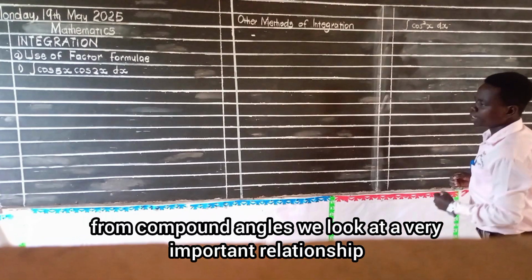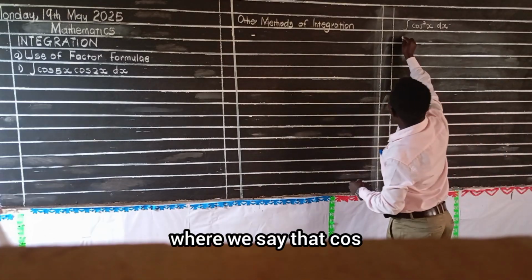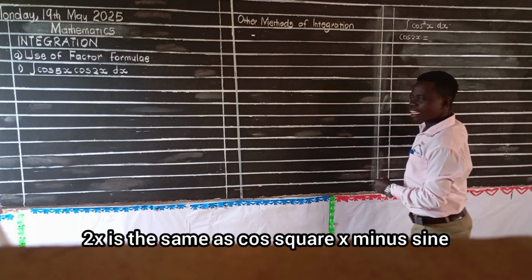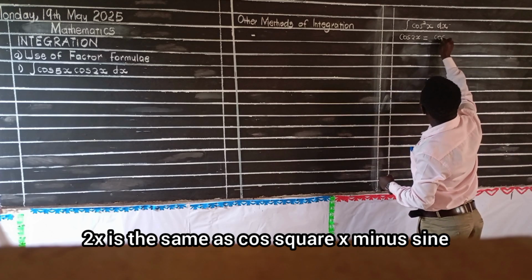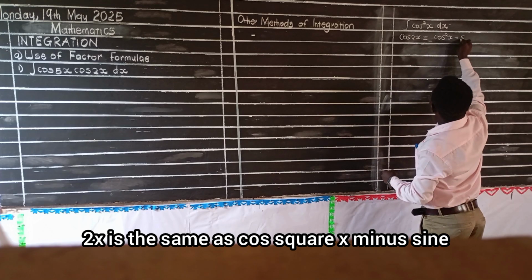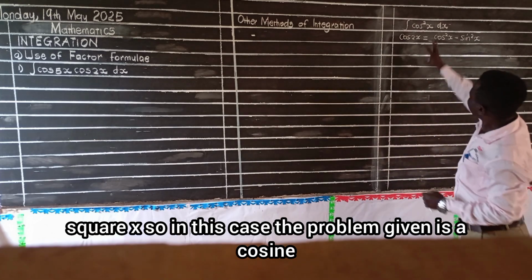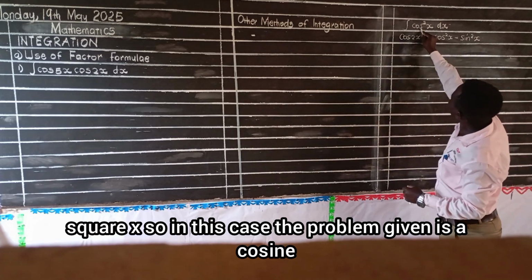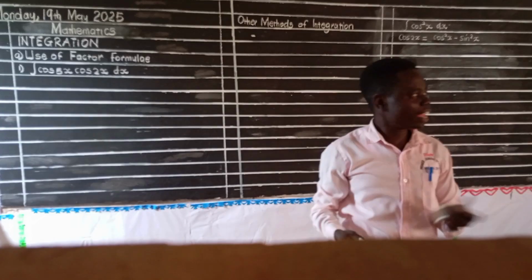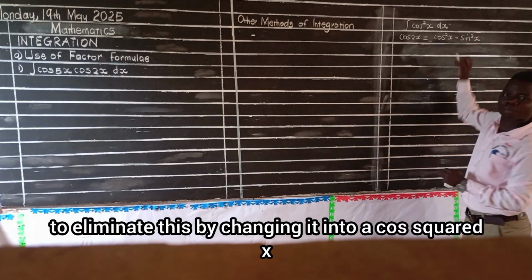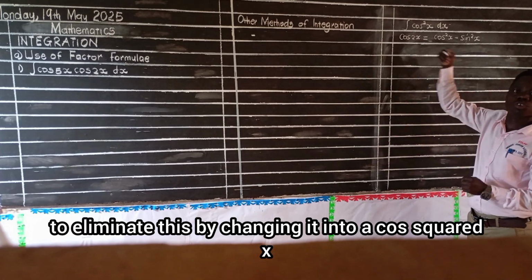We looked at a very important relationship where we said that cos 2x is the same as cos squared x minus sine squared x. So in this case, the problem given is a cos squared x. Therefore, we have to eliminate the sine squared x by changing it into a cos squared x.